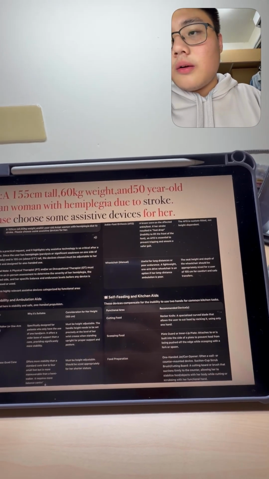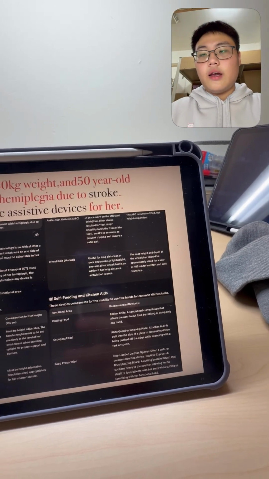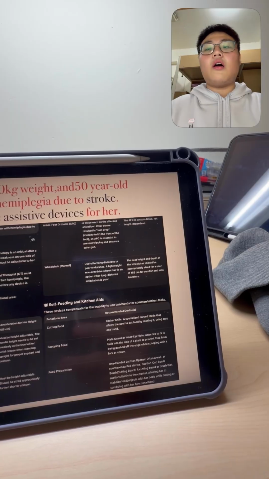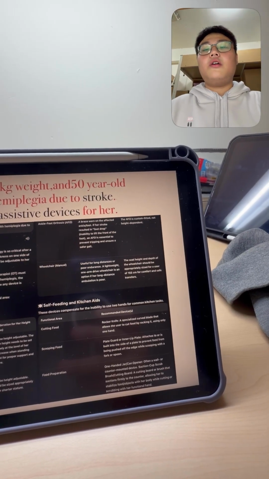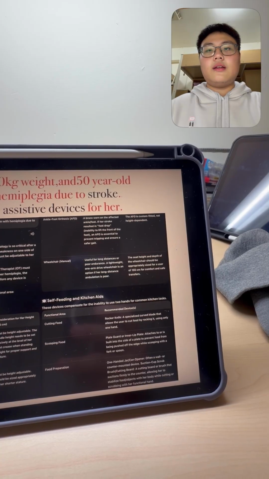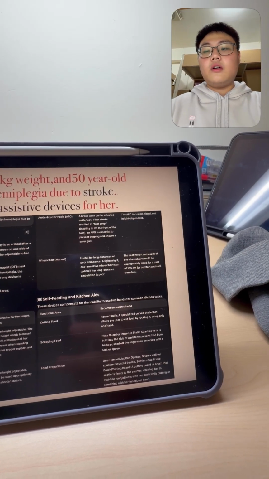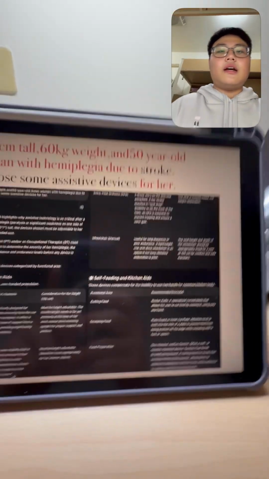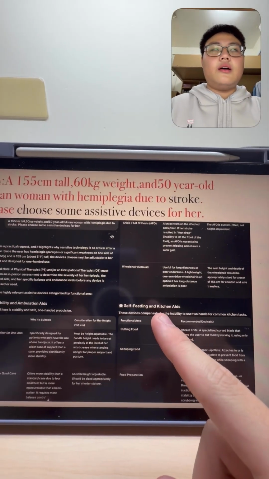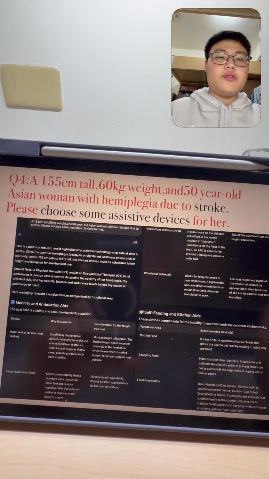For mobility and ambulation aids, devices like a hemi walker or one-arm walker can help her in her life. Since she has hemiplegia, she needs something to help her walk, and if she is much more disabled, then we can use a wheelchair to help her.